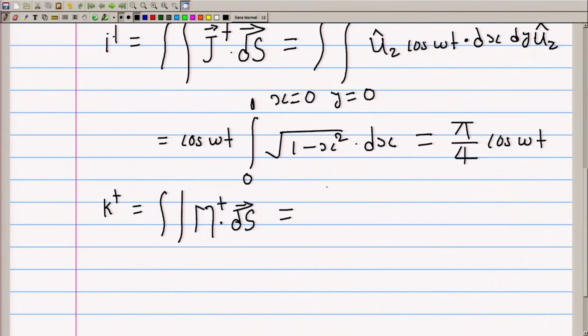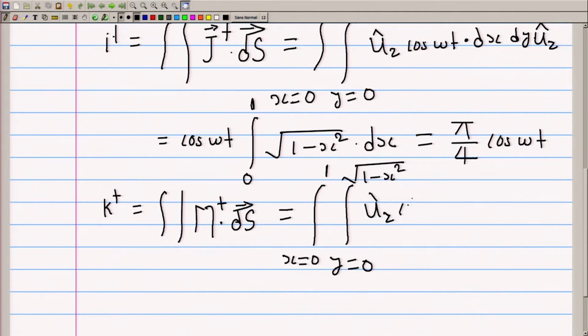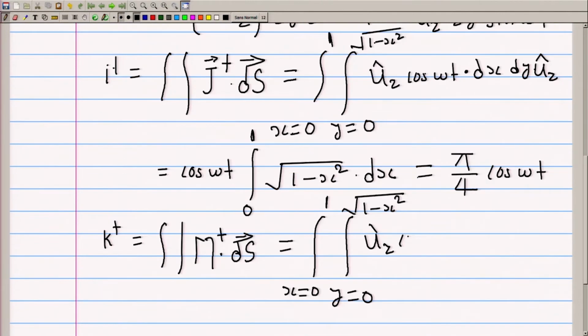So, again x is from 0 to 1 and y is from 0 to the square root of 1 minus x squared, and we can substitute the value of M_t, uz 2y sin omega t, dot product with dx dy uz.